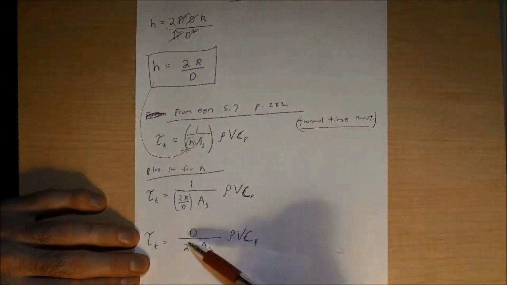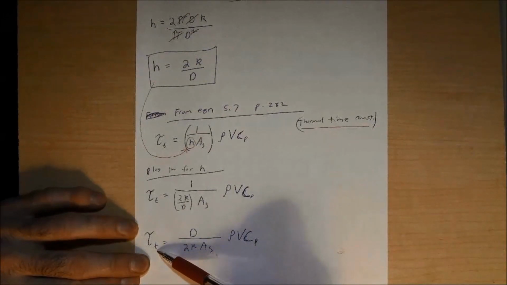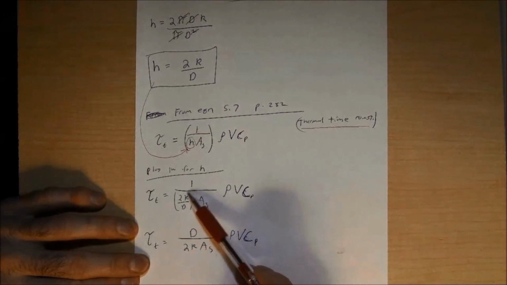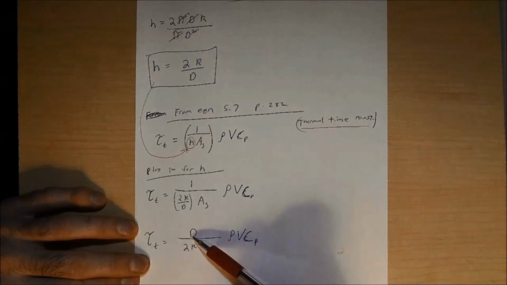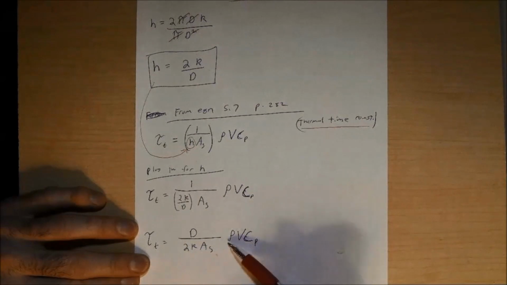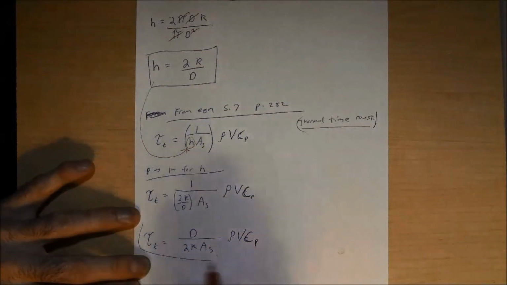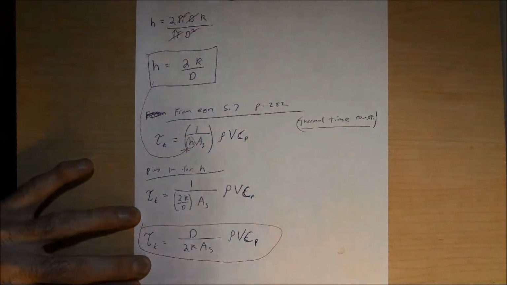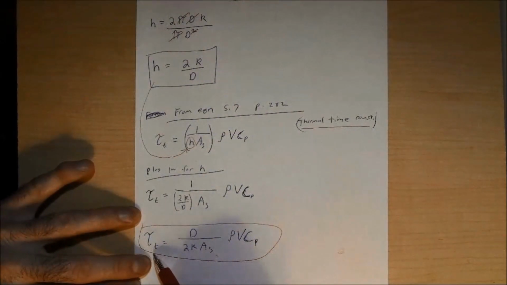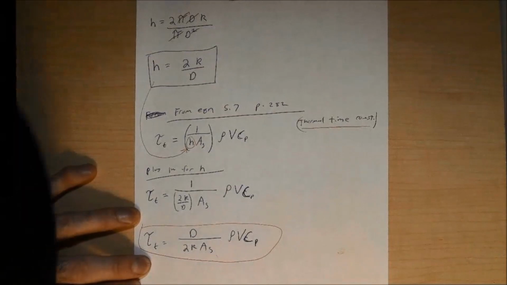We can rearrange this slightly, and we can find that tau sub t is equal to, when we move this around, put this back up from the denominator up to the numerator, d divided by 2k A sub s times rho V c sub p. So this is now our generalized expression for our particular case for tau sub t, or our thermal time constant.